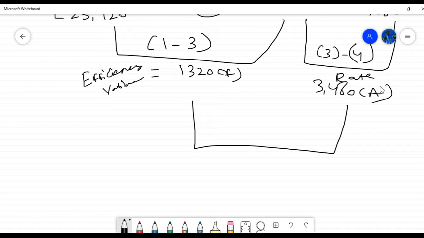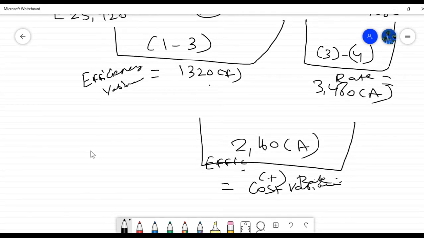So 1,320 favorable plus minus 3,480 adverse equals 2,160 adverse. This is my cost variance. This way you can identify it.